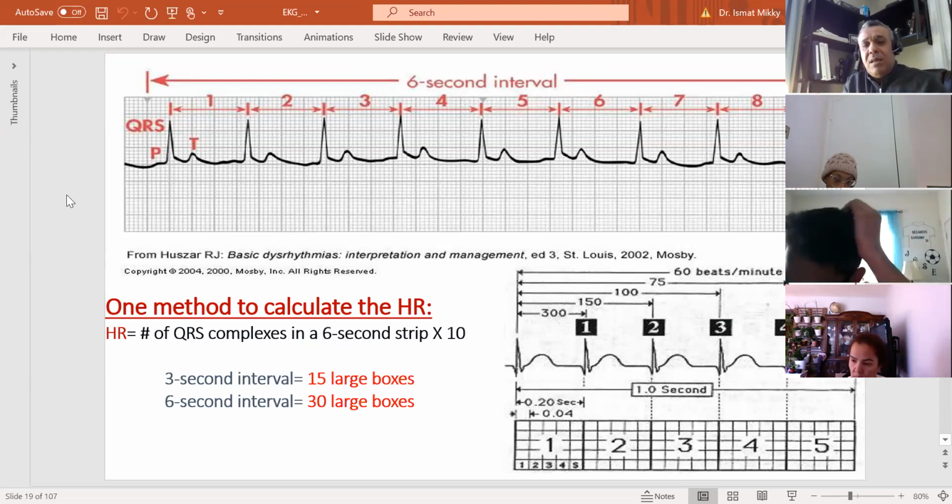Otherwise, the myocardium will develop another cycle on top of the other one, which will result in supraventricular tachycardia. So the myocardium needs time to reset itself.